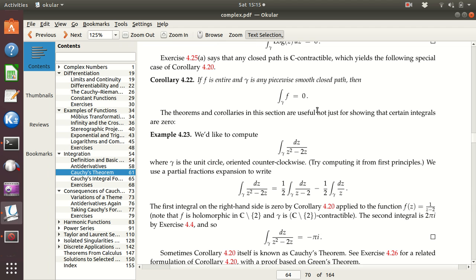Okay, this is 420. But then, you know, 422. Well, it says that if f is entire, okay, so it's differentiable everywhere, then any path of integration that you use, you're going to get 0.